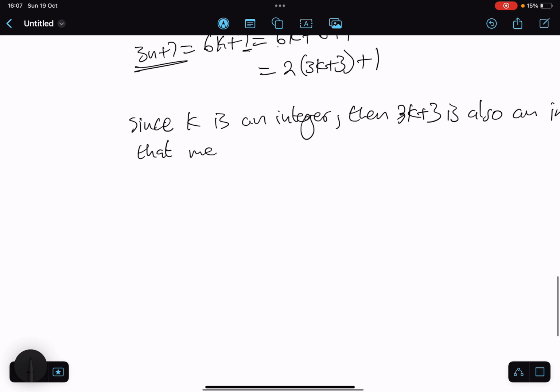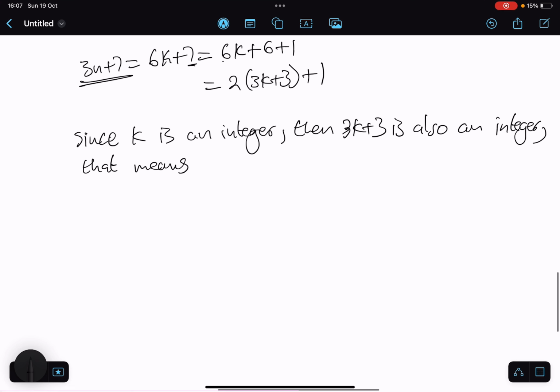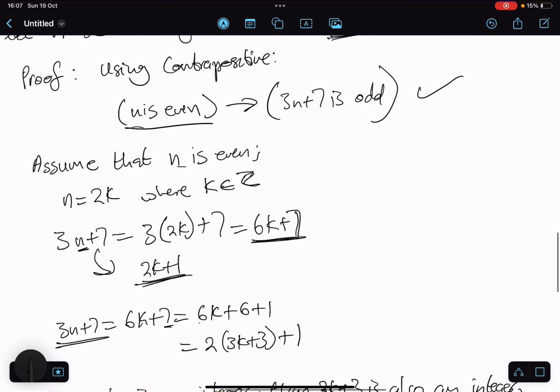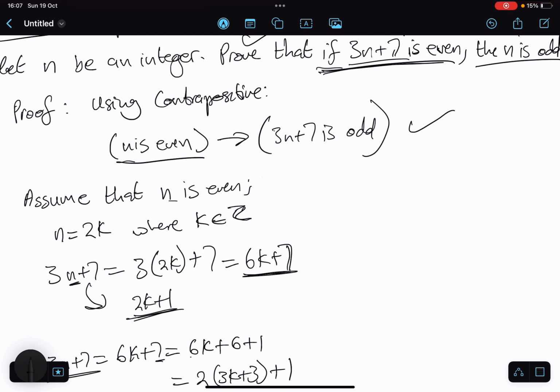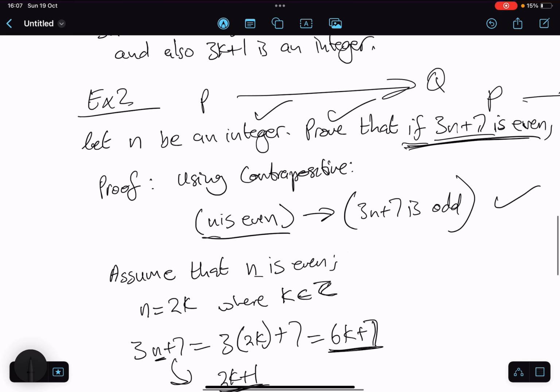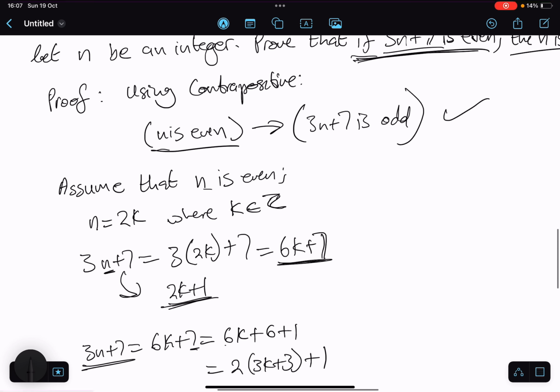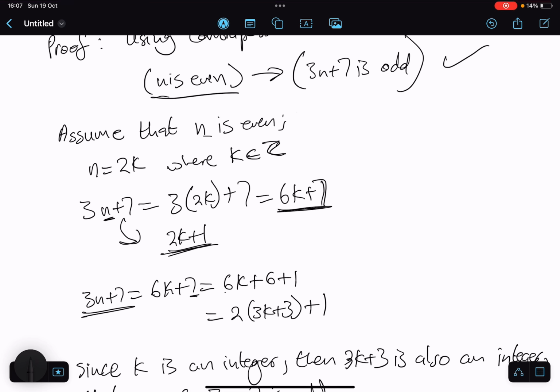That means 3n plus 7 is odd. So by proving this contrapositive statement, we have automatically proven the original statement that you were given. So this is how you prove a mathematical statement using the contrapositive.